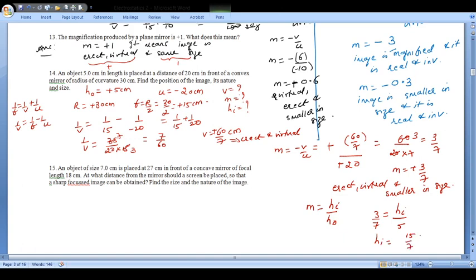And what will be 15 upon 7? 7 twos are 14, so approximately it is 2.1 centimeters. So here you will find that, as it is clear that it is a convex mirror, the size of the image is smaller. So what is the size of the image? It is 2.1 centimeters. So I hope this part is clear to you.